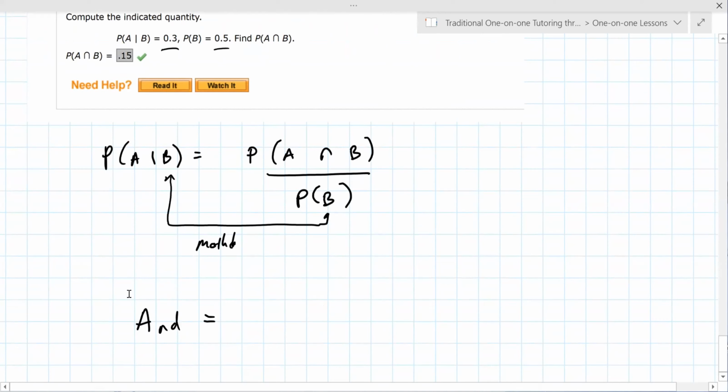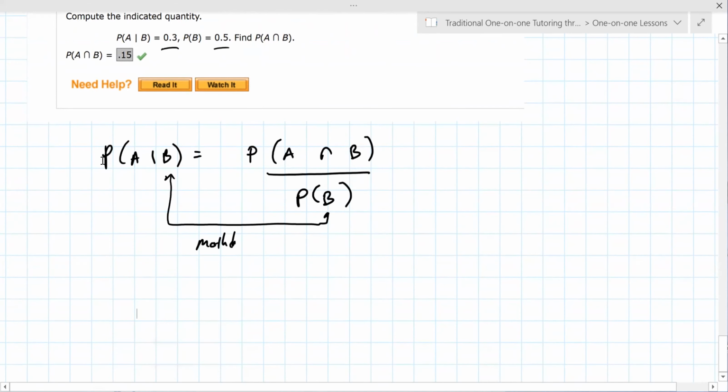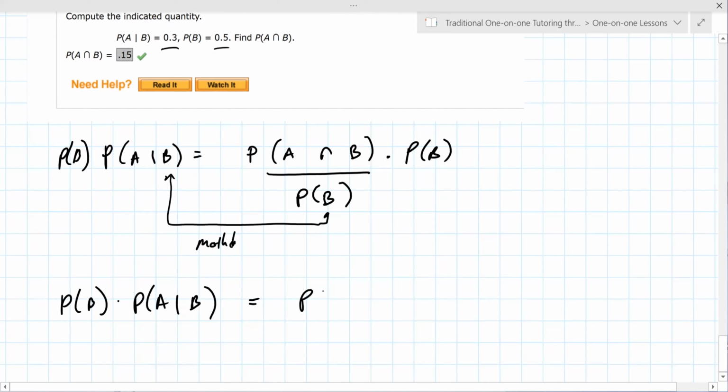If you multiply both sides by the probability of B, you get probability of B times probability of A given B equals probability of A and B. All I did was clear out that right there.